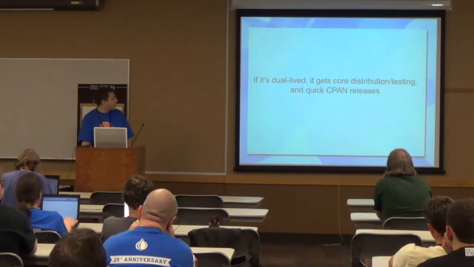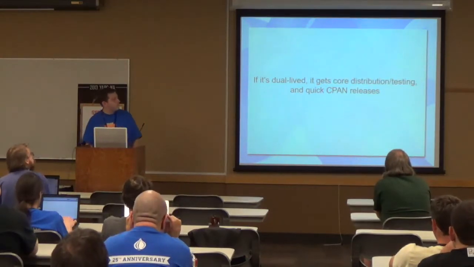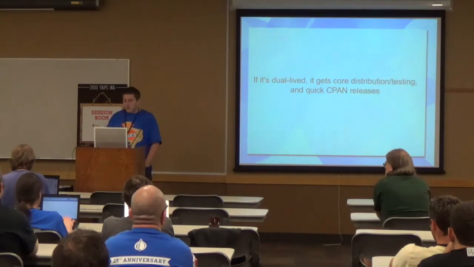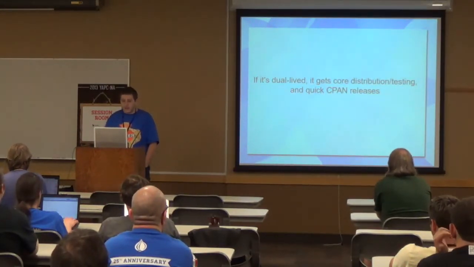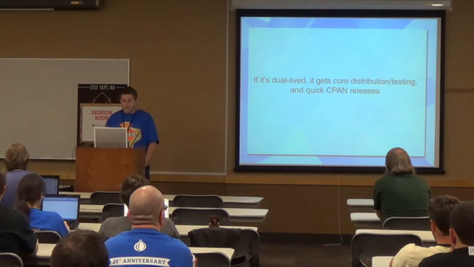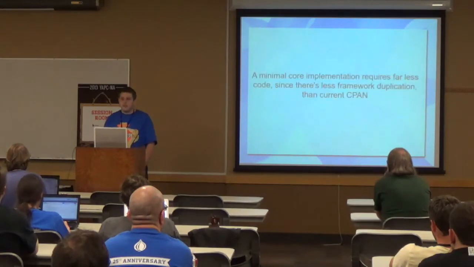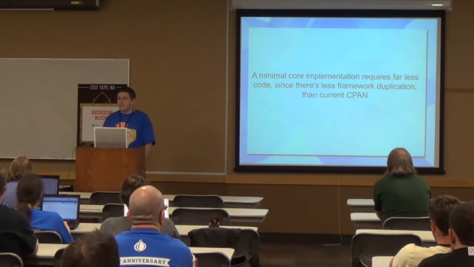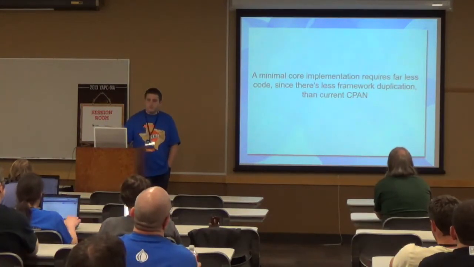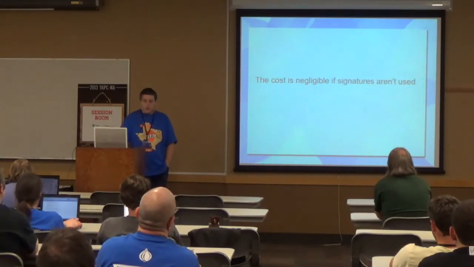So the plan. If it gets dual lived, we can have one of those existing modules, refactored maybe, put in core. It's on CPAN if you want the old version, and it's in core getting the testing and doing all of those neat optimization tricks under the hood with quick CPAN releases. So I'll come back to the bigger picture later on. So no more stolen chunk of toke.c.